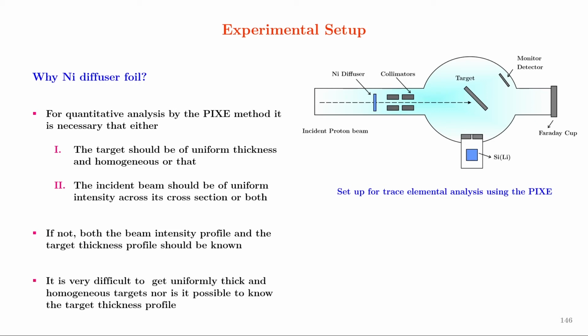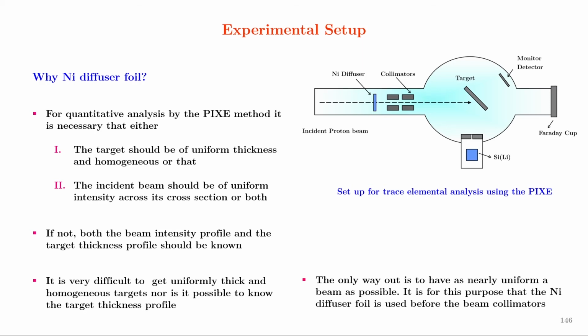It is very difficult to get uniformly thick and homogeneous targets, nor is it possible to know the target thickness profile. The only way out is to have as nearly uniform a beam as possible. It is for this purpose that the nickel diffuser foil is used before the beam collimators.